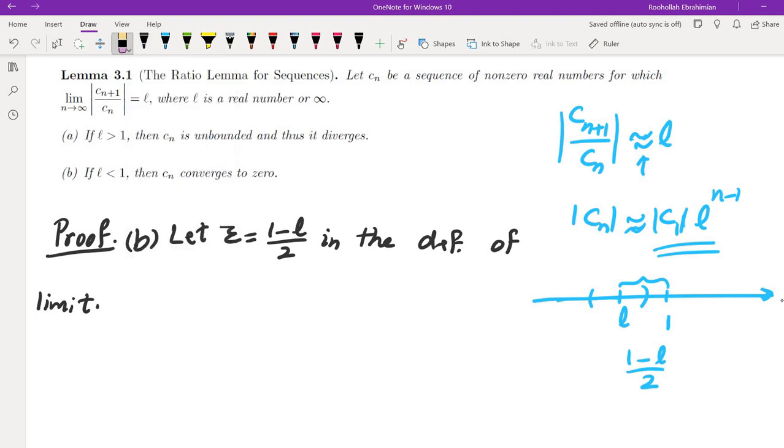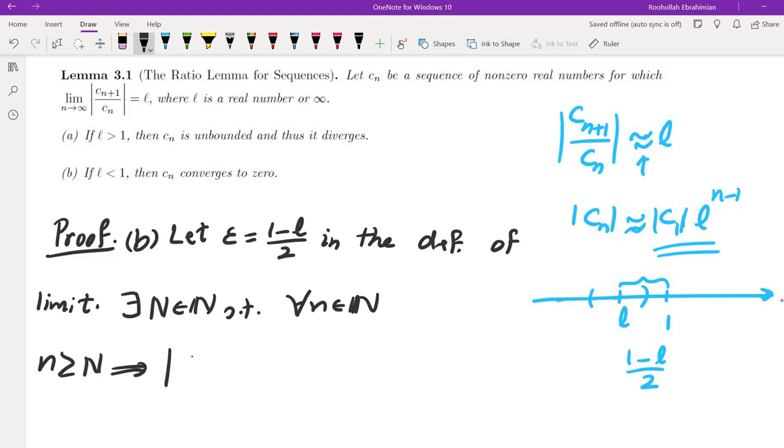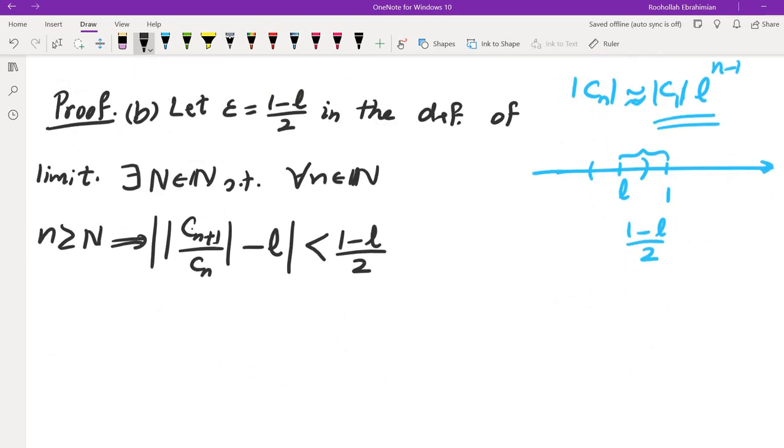If you do that in the definition of limit, what you end up getting is there is some natural number capital N such that for every natural number n, if n is greater than or equal to N, then the distance between Cn plus 1 over Cn and L is less than the epsilon that we took.